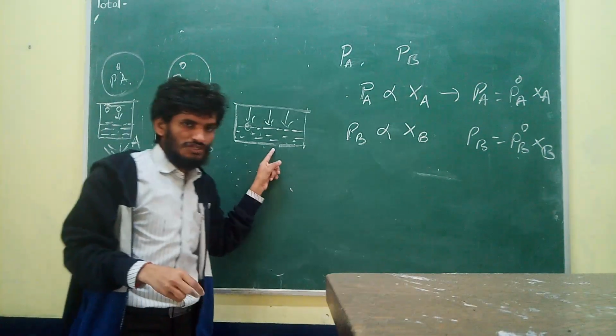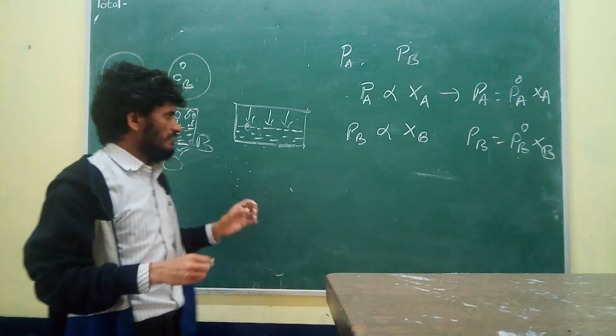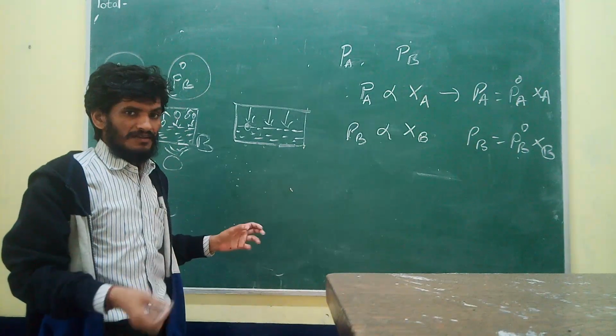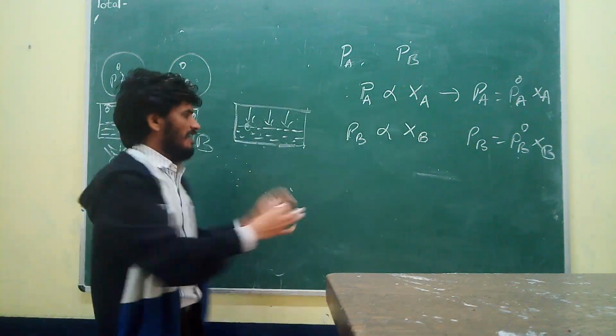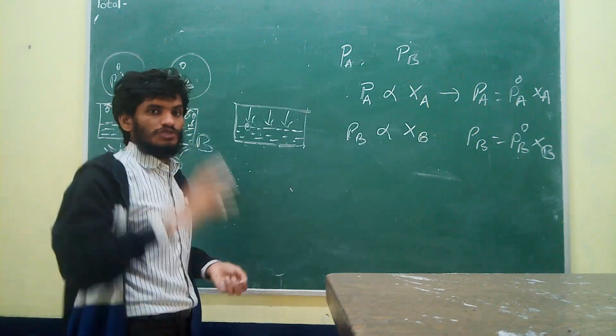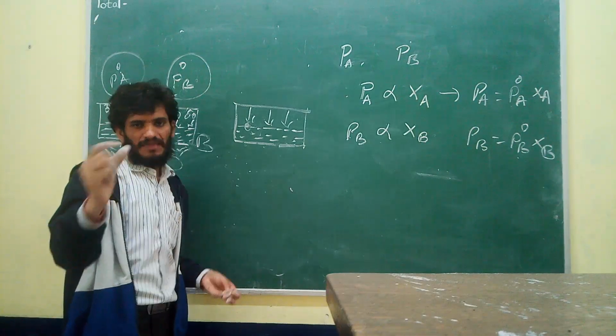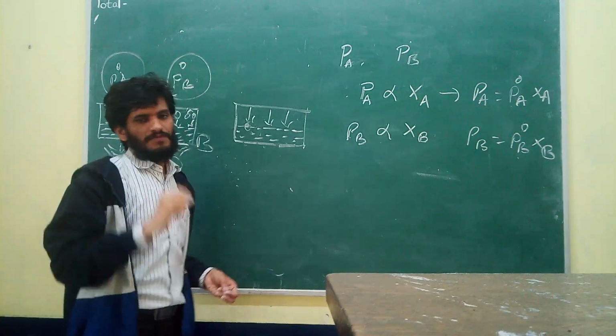After mixing into the solution, it will be PA. After mixing B into the solution, the vapor pressure is PB. But what is the total vapor pressure of the solution? It means PA and PB together, the solution vapor pressure after mixing A and B. That is called the solution vapor pressure.